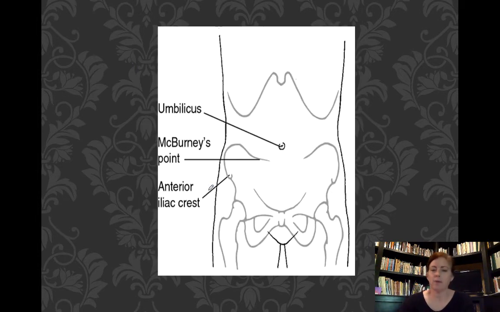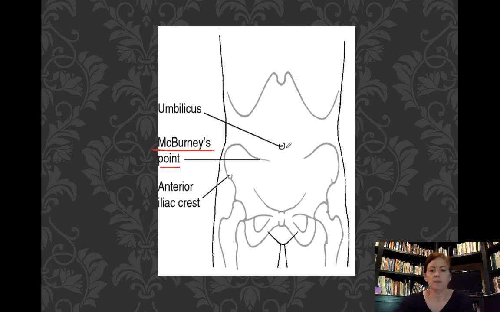I also want to point out, just because it's interesting, if you ever have a patient come in with right-sided lower quadrant pain, it could be indicative of appendicitis. And so the way to assess for that would be, there's a point. It's called McBurney's point.